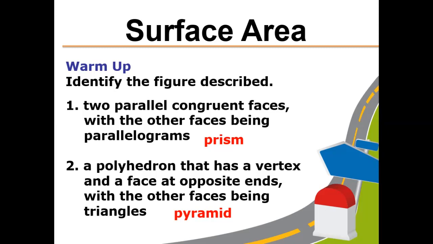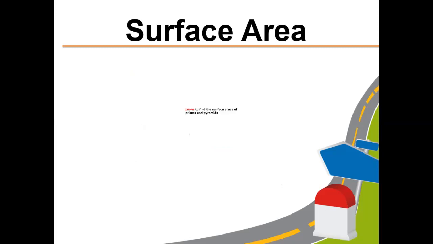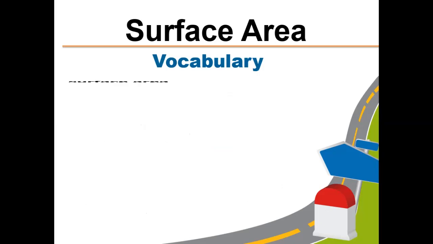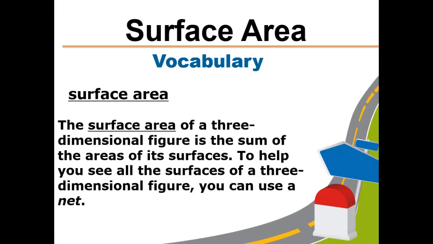Okay, fine. Let's continue. Our objective for today is to find the surface areas of prisms and pyramids. But first of all, what is a surface area? The surface area of a 3-dimensional figure is the sum of the areas of its surfaces.